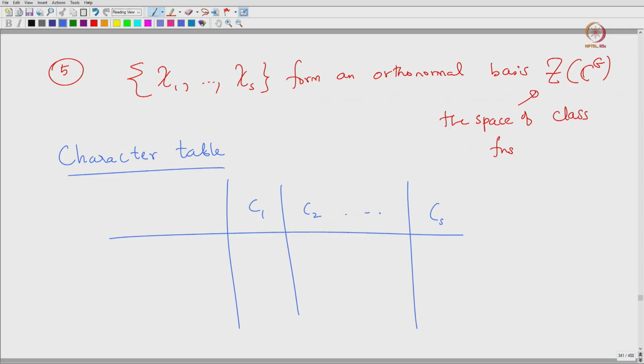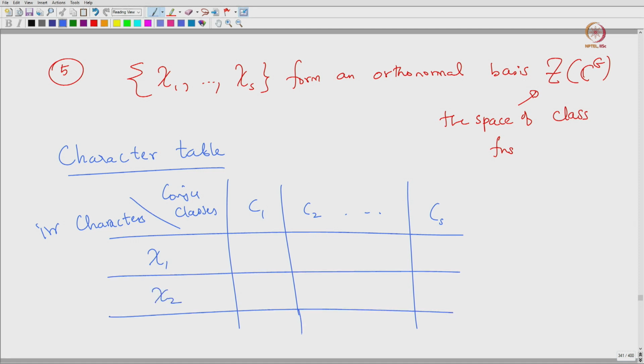These are nothing but conjugacy classes, and then we take the irreducible characters in rows: chi_1, chi_2, etcetera, chi_s.